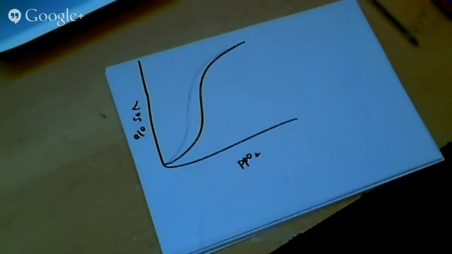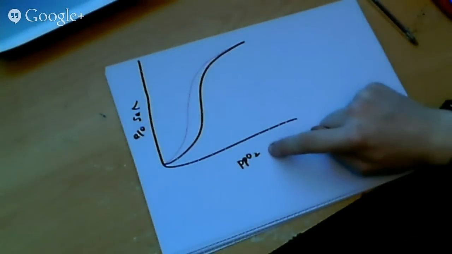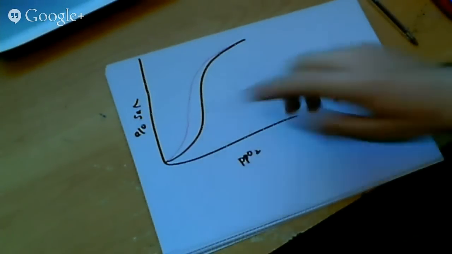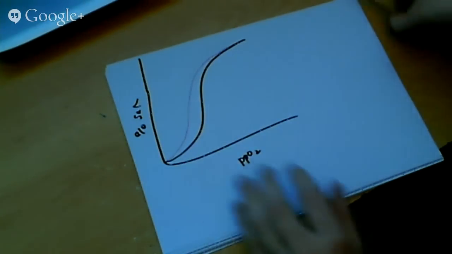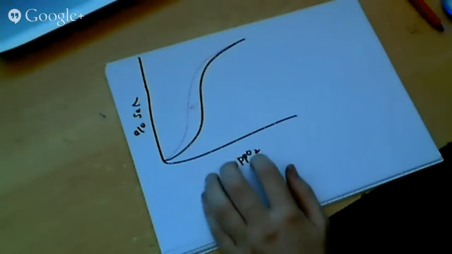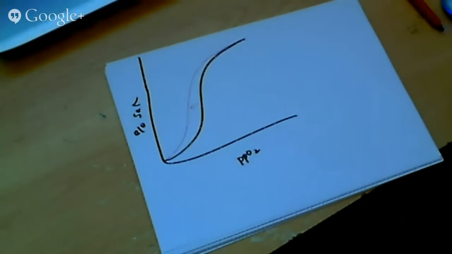It basically means at a lower partial pressure of oxygen, it will be able to pick up the same amount as adult hemoglobin. So that's basically the shift. Now, the reason why is, if you just know the reason why, it's kind of obvious.